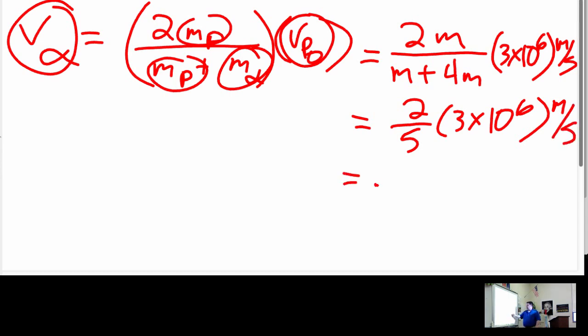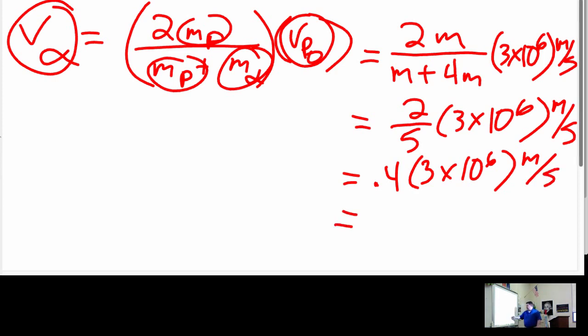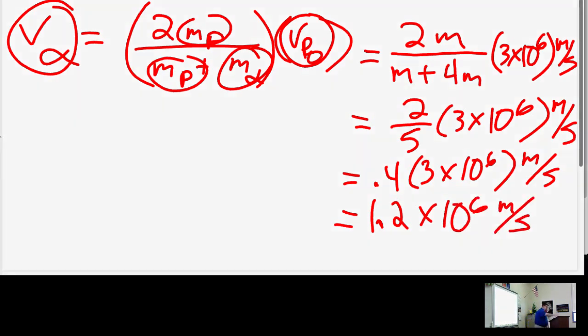This is the same as 0.4 times 3 times 10 to the 6th meters per second, which is the same as, I don't need a calculator for this one. How many of you got the same answer?